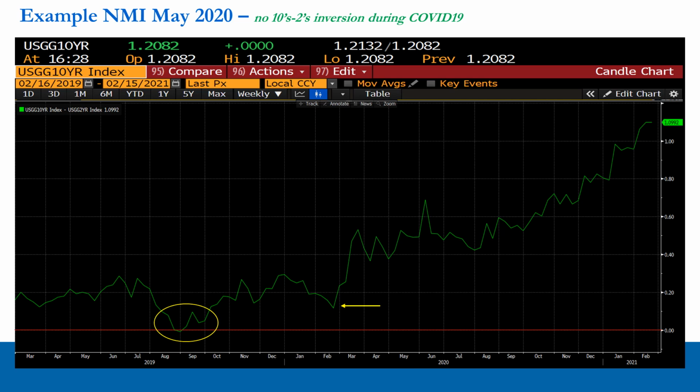You can see on the chart how small that was. It was basically just flat. If we look at that period and compare it to, say, February, March, April 2020, you can see that the 10s minus 2s never actually inverted during that period. So the indication from the bond market in the 10s minus 2s was that recession wasn't going to happen.